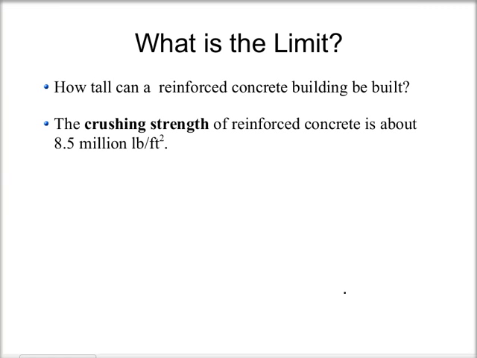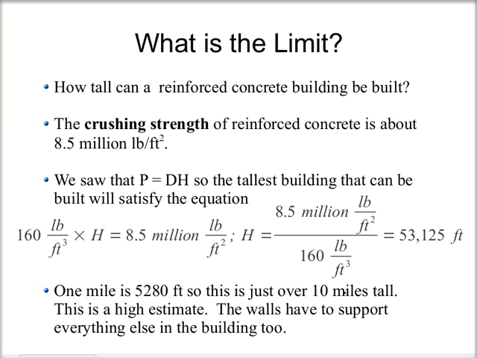We can look at the limit of how tall a building made of reinforced concrete can be. First, we need to know that the crushing strength of reinforced concrete is about 8.5 million pounds per square foot. We saw in the example that the pressure is going to be equal to density times the height of the building. So the tallest building that can be built will satisfy this equation.